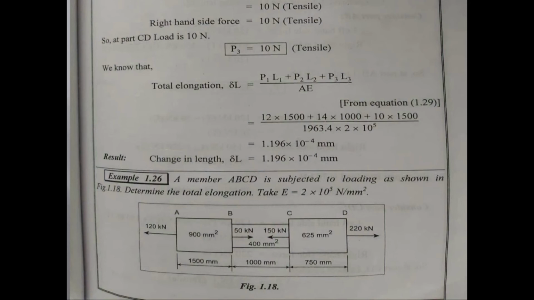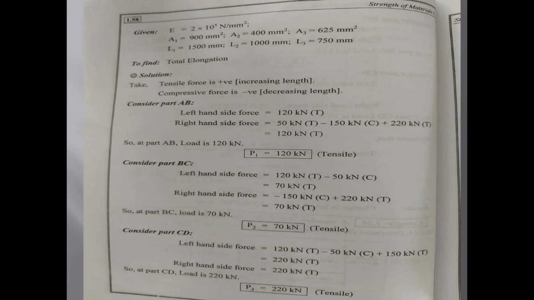So plus 120 minus 50 plus 150, you will get 220. Then take the right hand side. In the right hand side there is only one load, just 220. It is a tensile load, so we take it as plus 220 kilonewton. So our P3 value is 220.